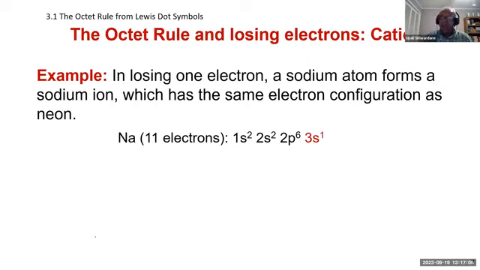The valence shell is the third shell, that's the outermost shell, number 3. So its Lewis dot symbol is this.